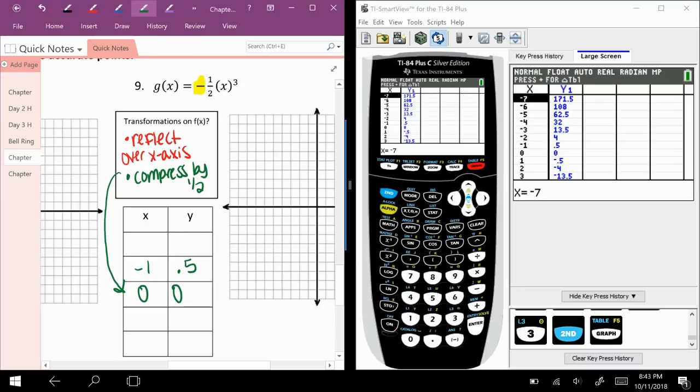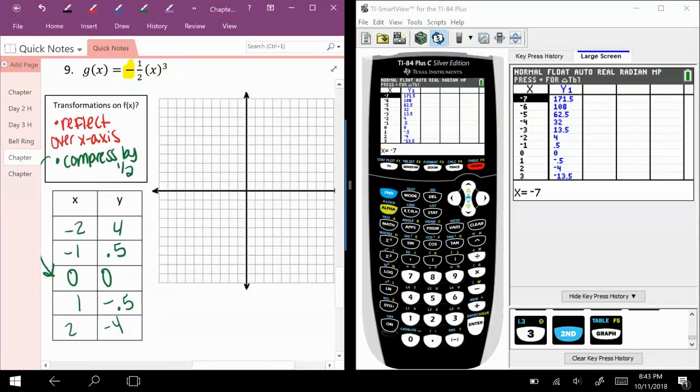I have -2, 4. And I have 1, -0.5. And I have 2, -4. Let's go ahead and graph that. 0, 0, -1, 0.5. And then 2, down 1, 2, 3, 4. And then up 1, 2, 3, 4. And then this is our graph.